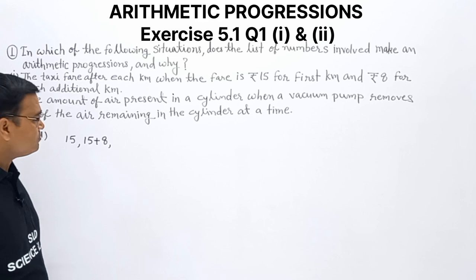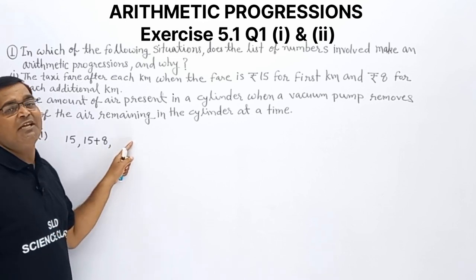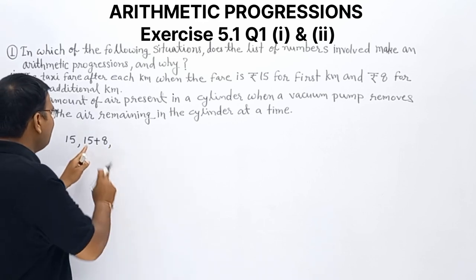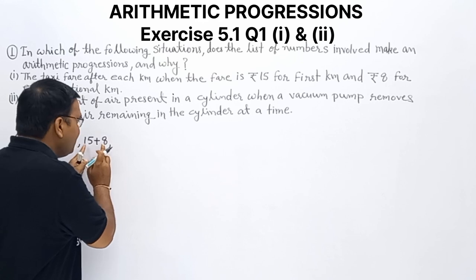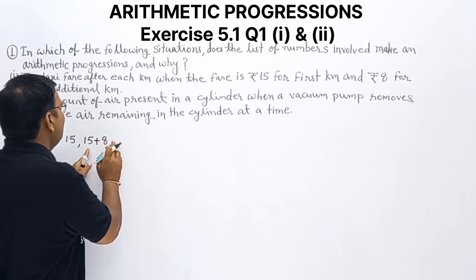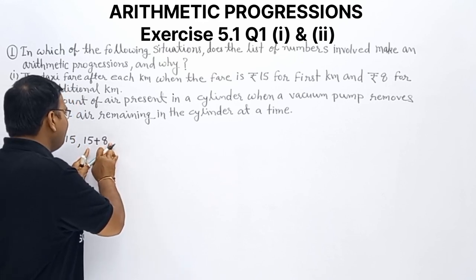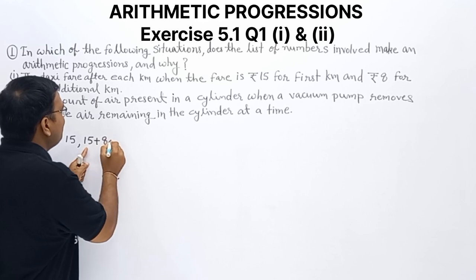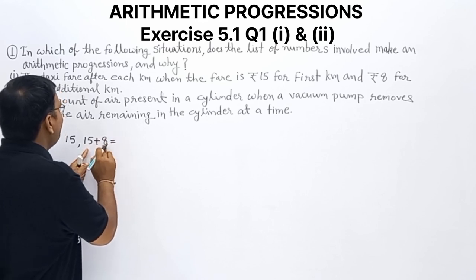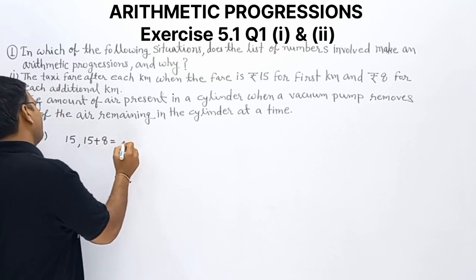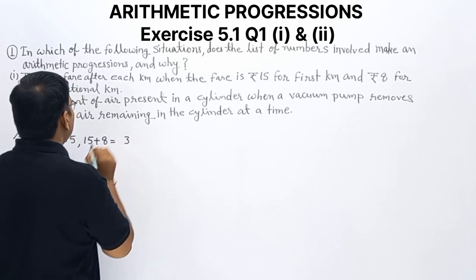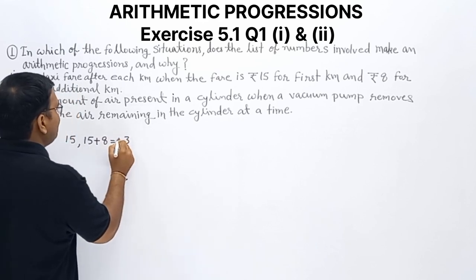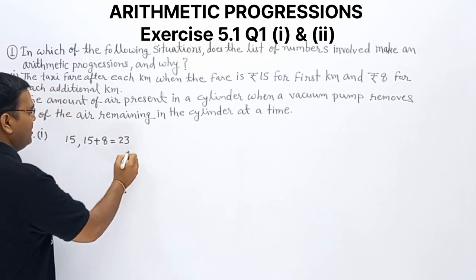Clear? Now we want to go 3 kilometers. Then what about the fare? We will add 8 to this one. So for 2 kilometers we find 15 plus 8 equal to 23.